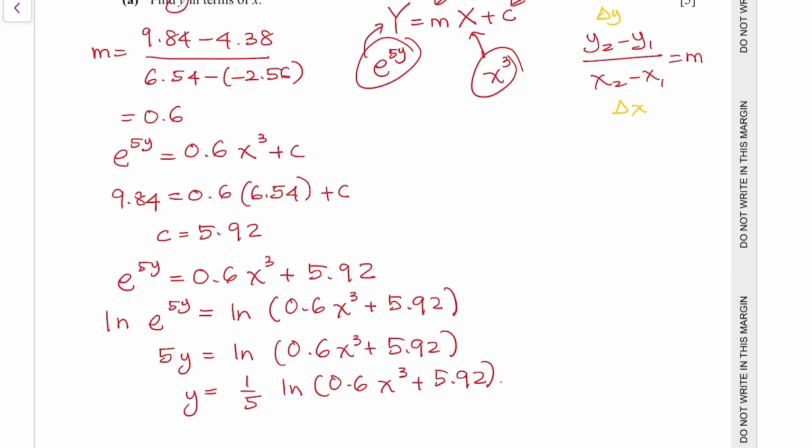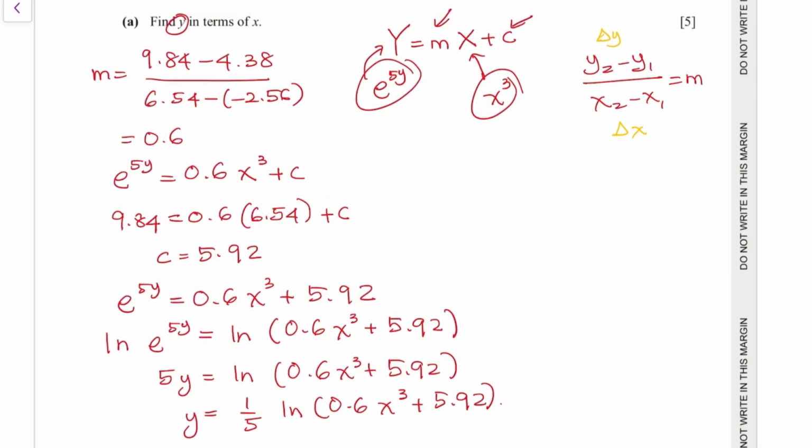And how do you get marks for this question? You'll get the first mark when you write your equations with e to the power of 5y and x cubed. This is basically your independent mark 1. The next mark is when you are able to substitute any of the coordinates into your equation, with any gradient that you have.